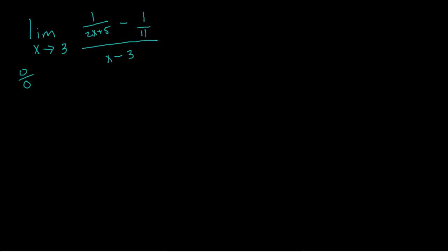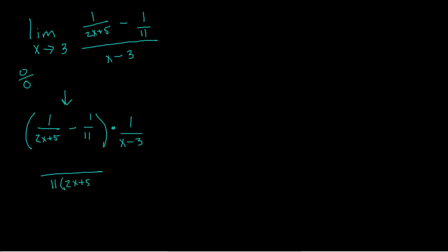So here I go. I'm going to rewrite the top as 1 over 2x plus 5 minus 1/11. And instead of dividing by x minus 3, I'm going to multiply by the reciprocal, 1 over x minus 3. All right, now I'm going to follow the order of operations and do the inside of the parentheses first by combining these two fractions together. My common denominator is going to be 11 times 2x plus 5.